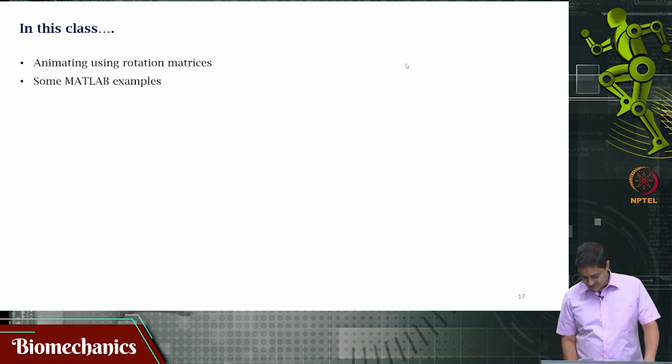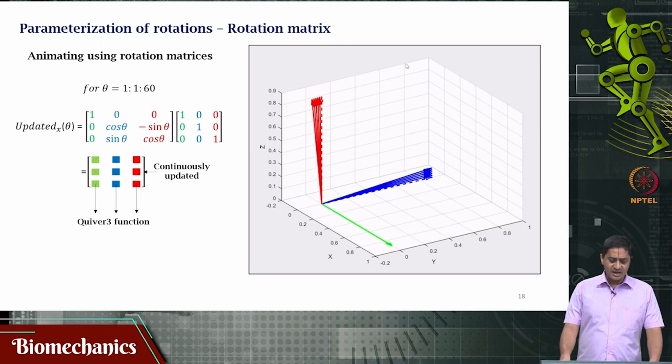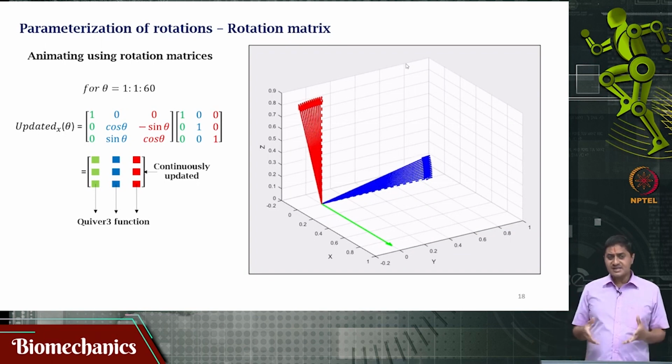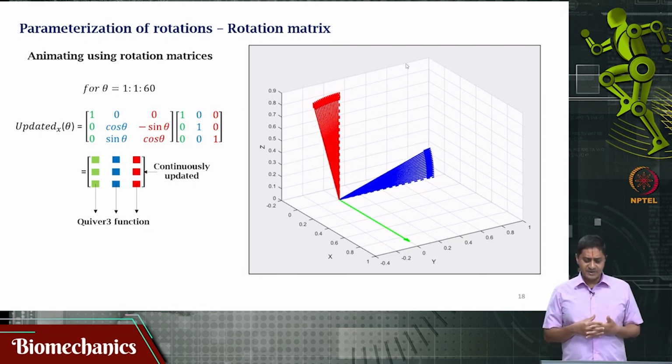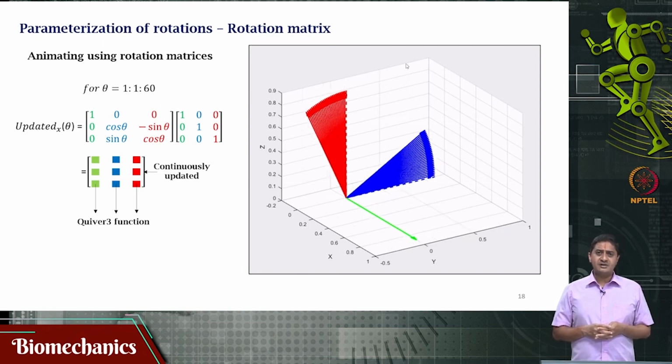Okay. Let us proceed with that note out of the way. First is, how do we animate using rotation matrices? Let us say that you have some technique that is going to provide you rotation matrices on a time instant by time instant basis.